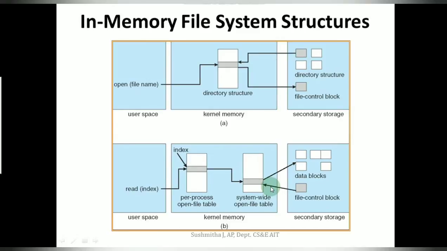The next entry is made in the per process open file table with a pointer to the entry in the system-wide open file table. The function then returns a pointer or an index to the appropriate entry in the per process open file table.